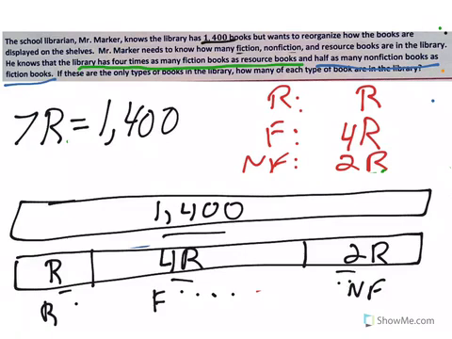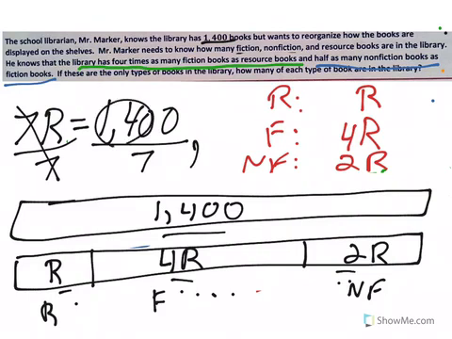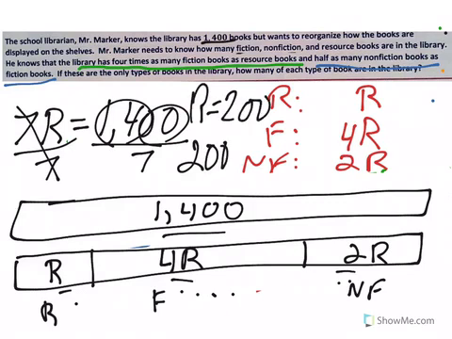So divide this out, because we want to isolate the variable and find out what R actually is. 7R divided by 7, those cancel out. 1,400 divided by 7. 7 goes into 14 2 times. We've got 2 other zeros to bring down. So we end up with R equals 200. So if we pop back down here, how many resource books are there?